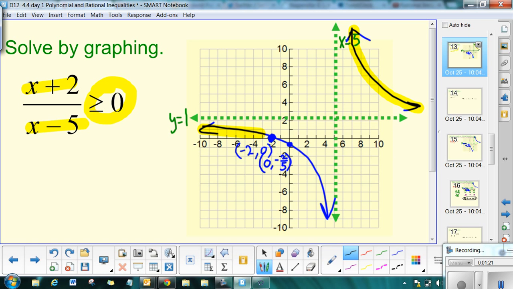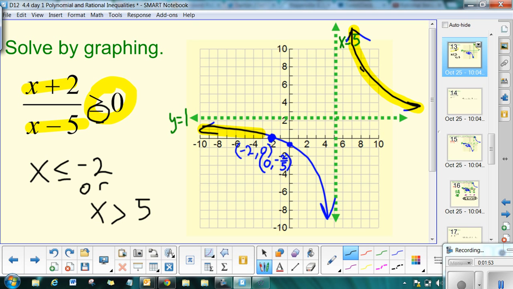It would be anything less than -2. Now, we have an equal sign here, and -2 certainly is equal. It's at 0, so it would be equal to or greater than 0, so we have to put that in. Or x is greater than, this would be this one up here, greater than our asymptote, which would be 5.